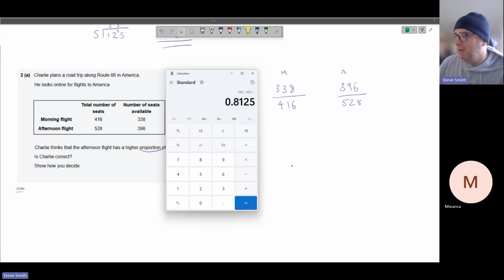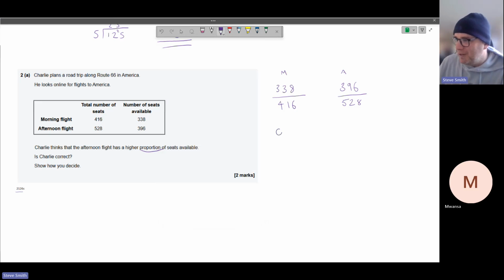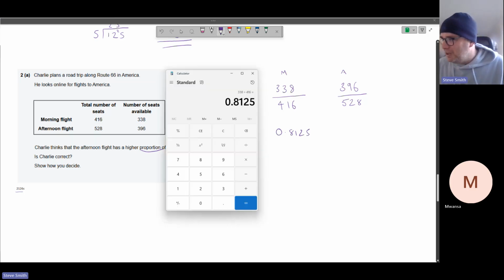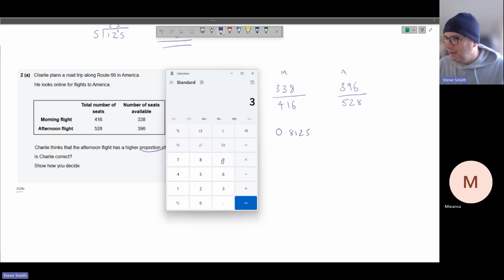So we do the top number divided by the bottom number to get the decimal, 0.8125, I think it was. Then that one, 396 divided by 528 equals 0.75.